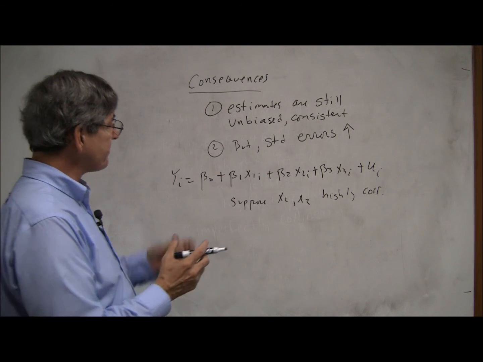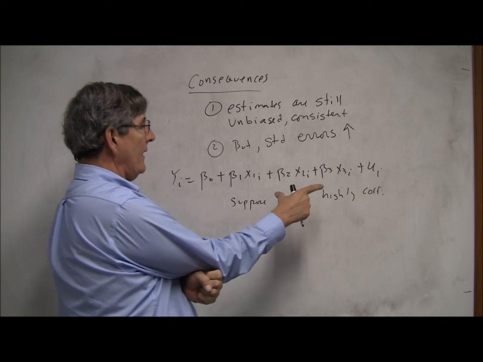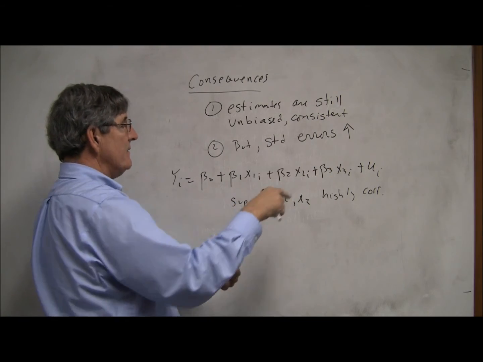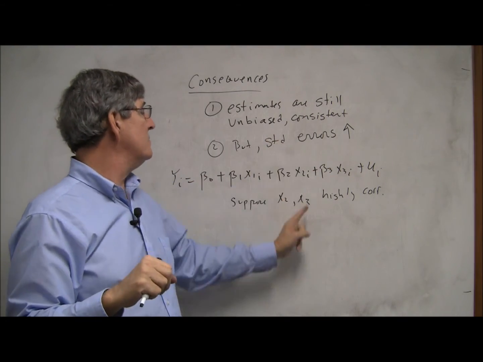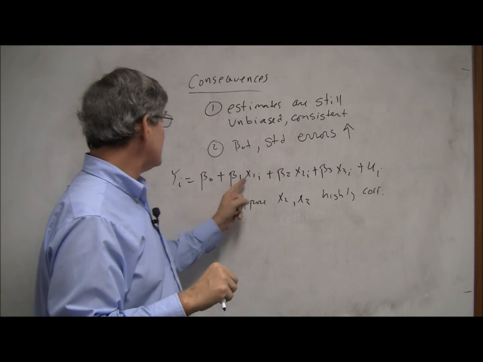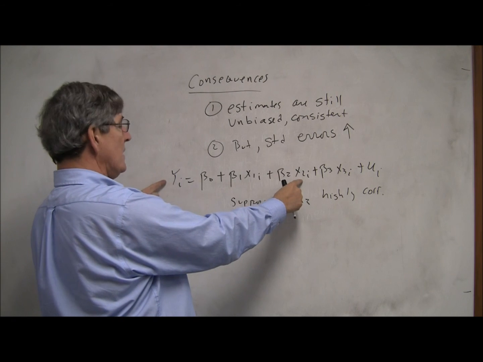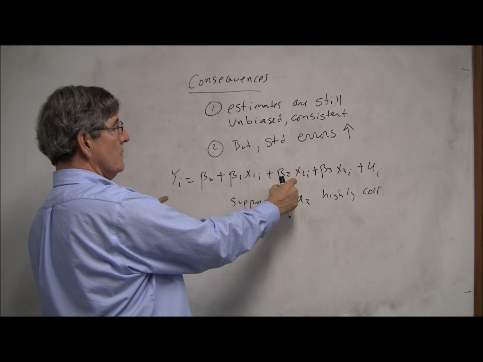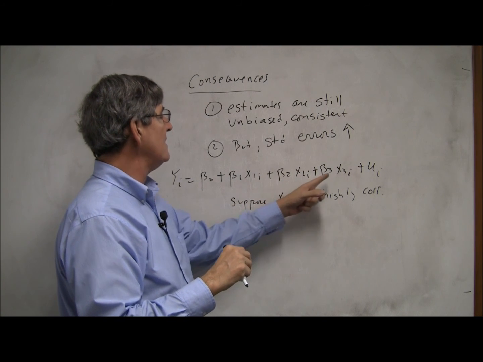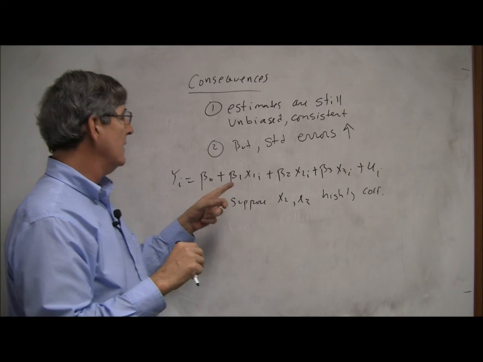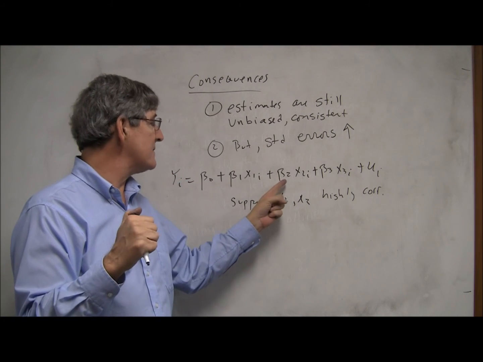And here's why. Remember how I said OLS figures out what beta 2 and beta 3 should be? What OLS does is it says, okay, I've got these three variables. I'm going to scan through the data, and here's a time when x2 moved, and these two things didn't do much, and y moved. So this went up by 2, this went up by 4. Oh, the coefficient must be 2. It does that for all the times it can find where x2 moves sort of independent of x3 and x1, and then takes the average effect as your estimate of beta 2.